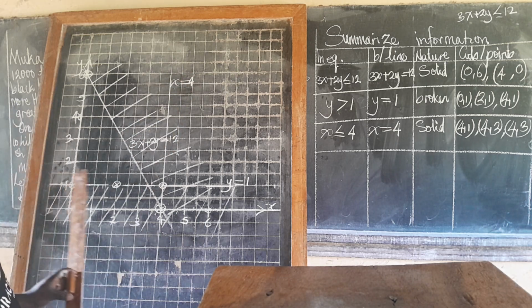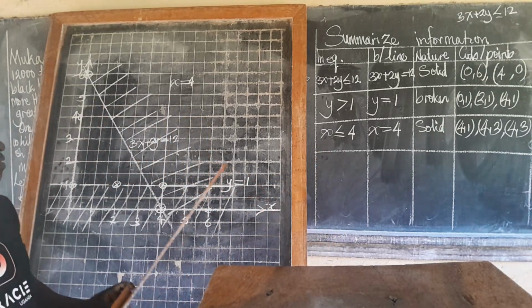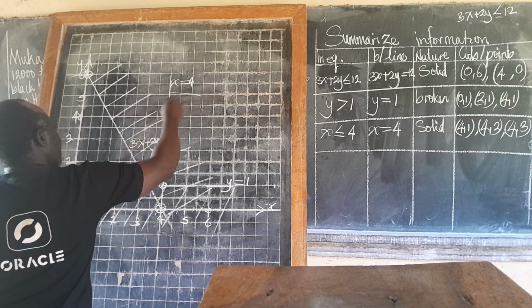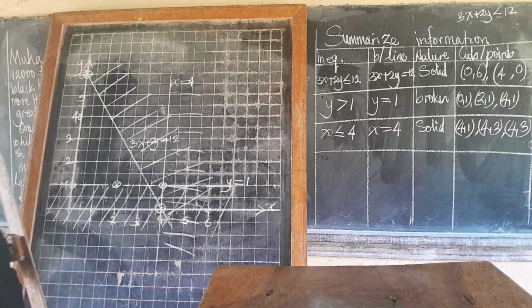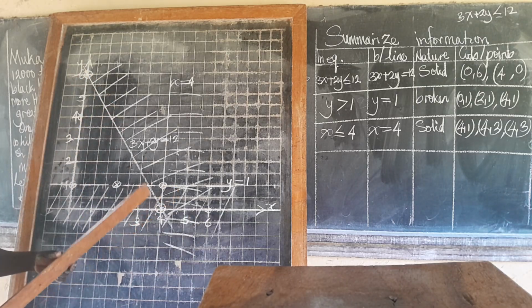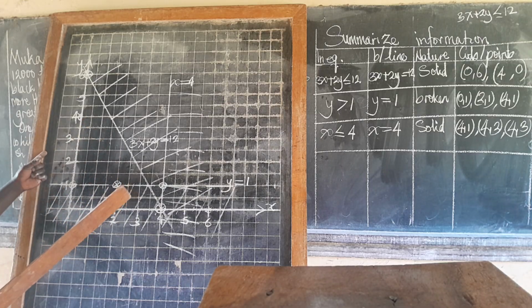Then we need the region which is less than. The region which is less than automatically is this side. Therefore, it is this side which is also shaded. We have this side which is shaded. Then the whole of this one is not shaded.